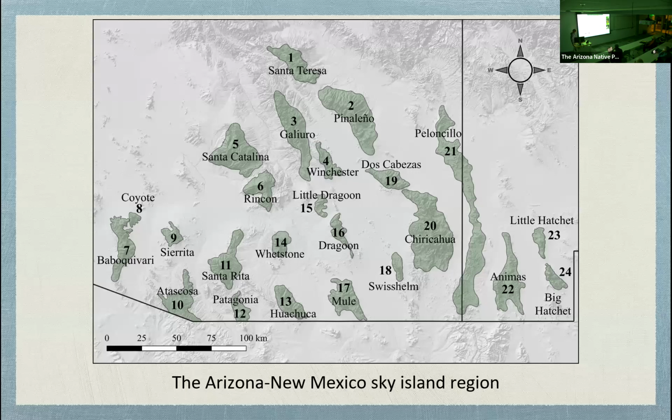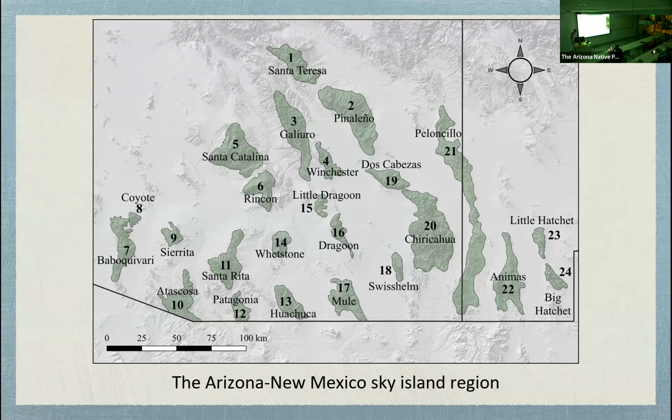Two things I should say is that two of the Sky Islands that we defined, Atascosa consists of three different Sky Islands. It consists of the Pajaritos, the Atascosas, and the Tumacacoris. The reason we're defining it as one, as other authors have, is that there really is not a clear differentiating line between those areas.